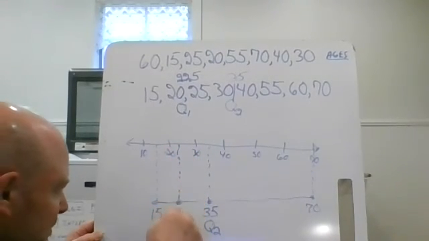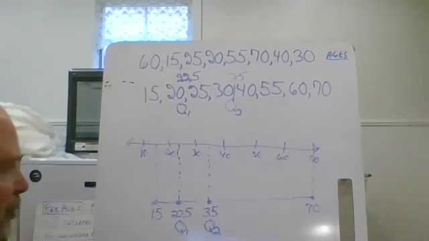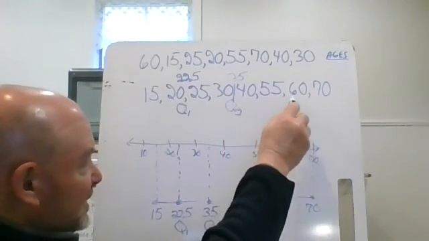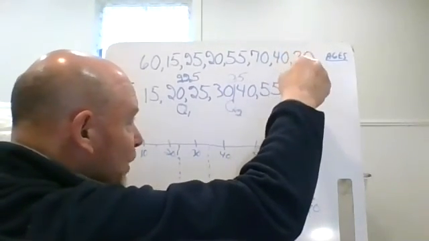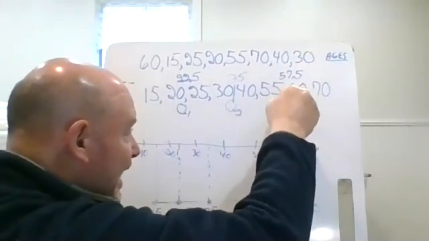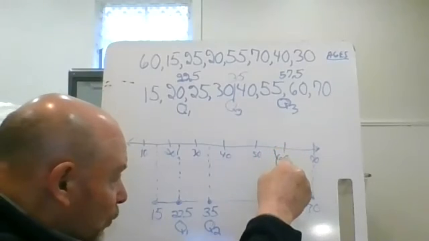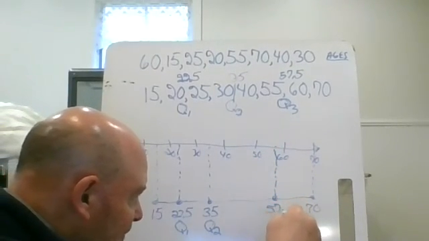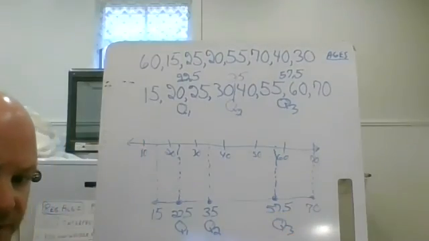We put this 22.5, and that's Q sub 1. Then you do the upper half, these 4 values. You take these 2, and that's 57.5. And that'll be your Q sub 3. So 57.5 is somewhere in here. Draw our 57.5 and put Q sub 3.